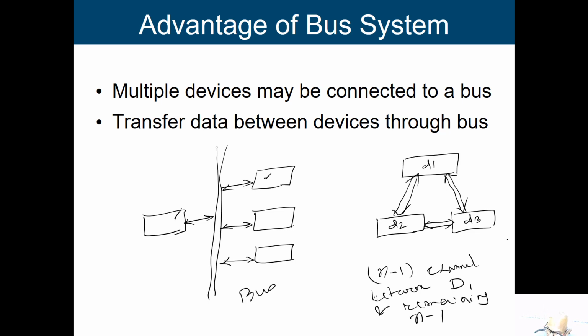But in the first case, where I am saying separate channels, in many cases we can transfer the information in parallel. So, this is one advantage, but it will be very complex.